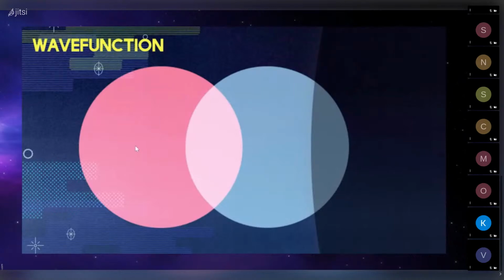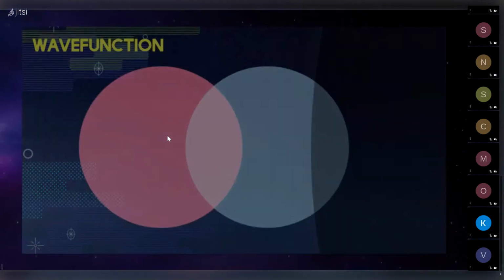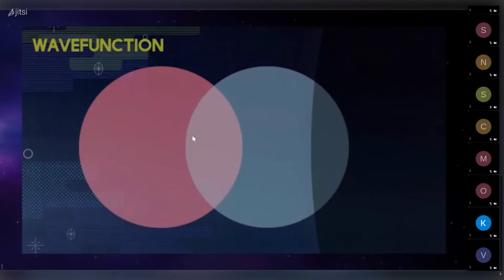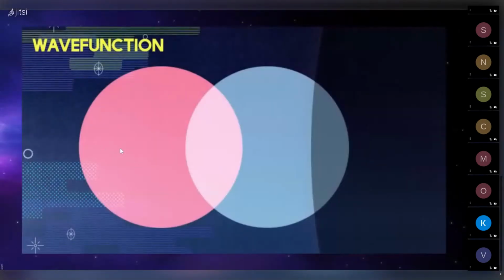So consider the red particle, which was the positron, and the blue particle is the electron. The positron is here, in the red sphere, and the electron is in the blue sphere. This is the wave function of the particles. Now, since the wave function can spread out, as long as we don't violate probability conservation, that is, the probability has to be 1 in this region.